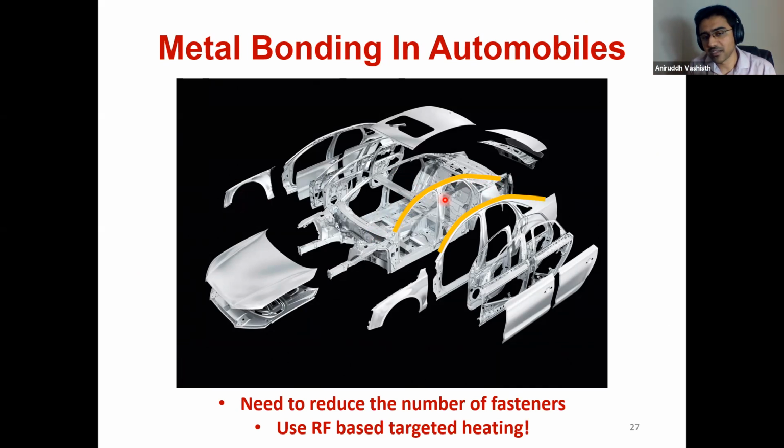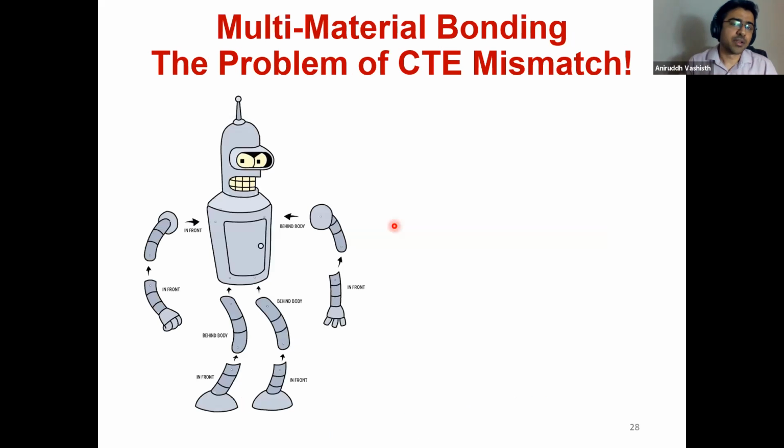And the thought was, can we reduce the number of fasteners here and basically have adhesive bonding in these areas? And we wanted to use RF energy or RF heating to cure the adhesive.